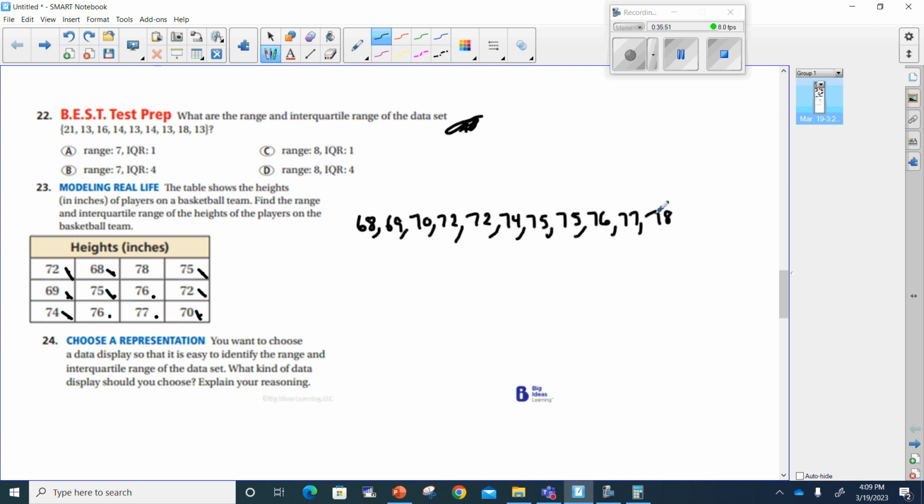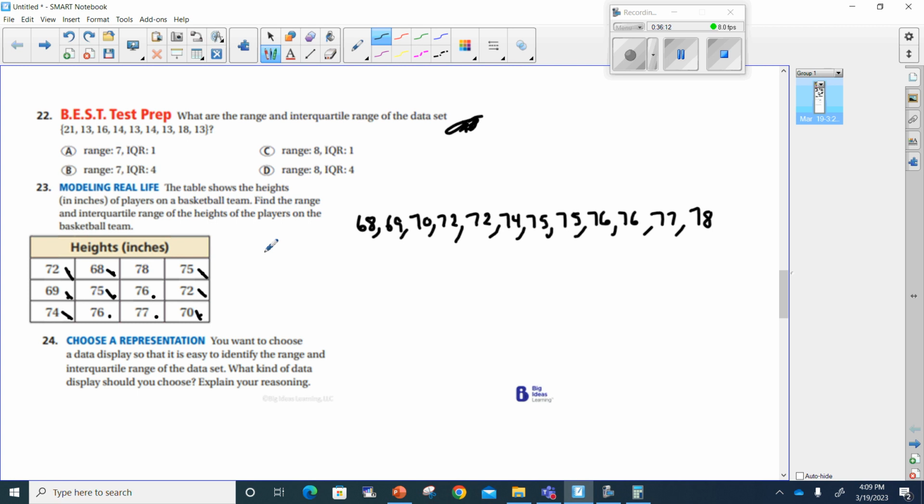Look at that. I didn't see that one there. So let's fix this. And then put 77 and 78. Now there should be 12. 1, 2, 3, 4, 5, 6, 7, 8, 9, 10, 11, 12.